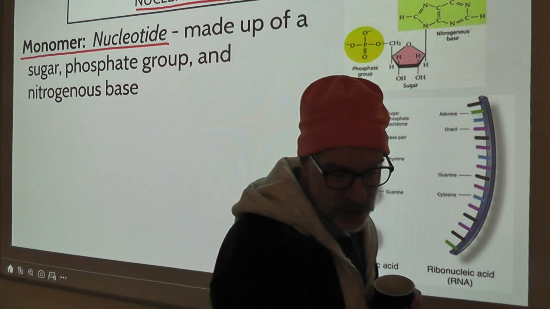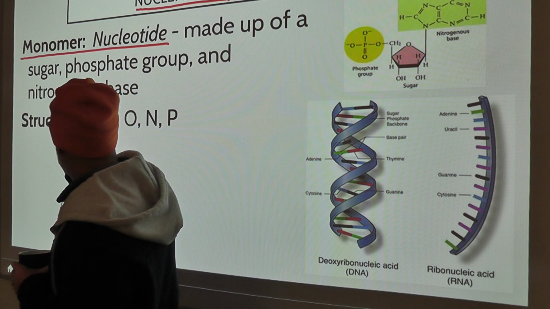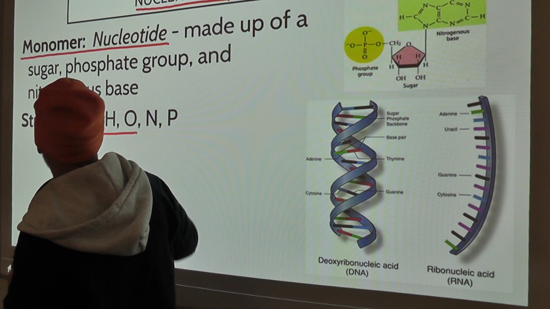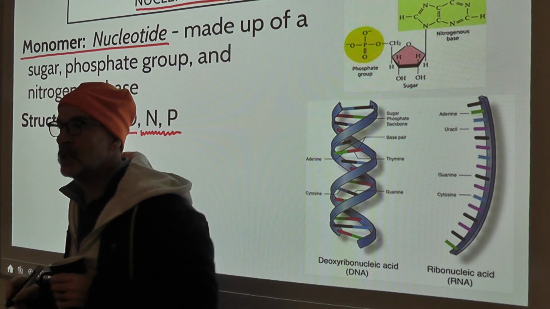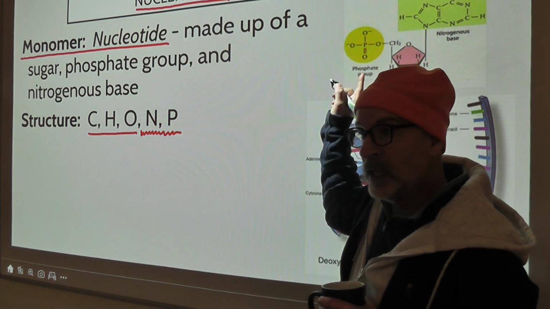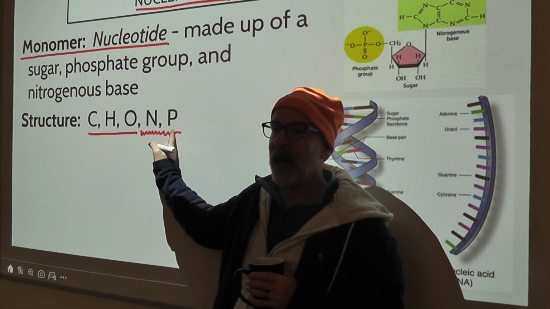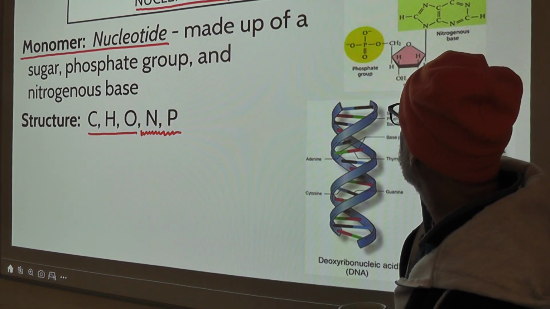What nucleic acids are used for, the structure, as I just said, is they have carbon, hydrogen, oxygen, and they have nitrogen and phosphorus as well. So the structure of these nucleic acids includes nitrogen and phosphorus, and that's the big difference, right? When you look at this piece right here, this is a sugar.